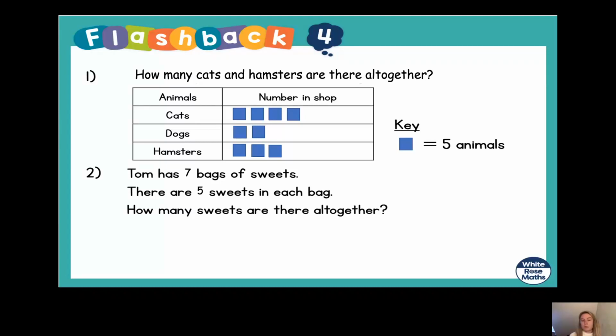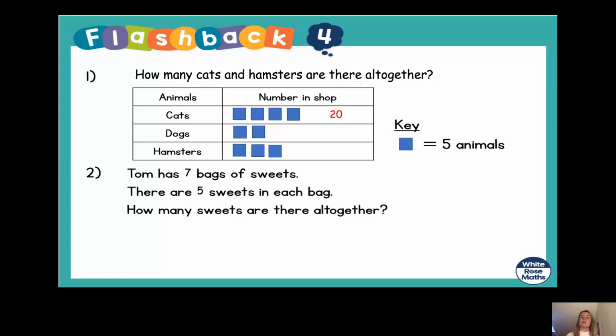We have 4 blue squares next to cats, and we know that each square represents 5 cats. So if the first square represents 5, the second represents 10, the third represents 15, and the fourth represents 20. So I've counted up in steps of 5 because each blue square represents 5 animals.